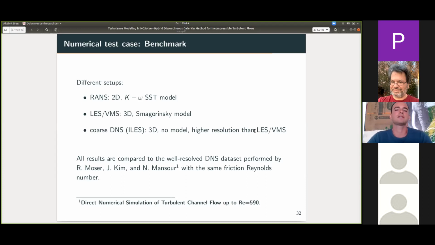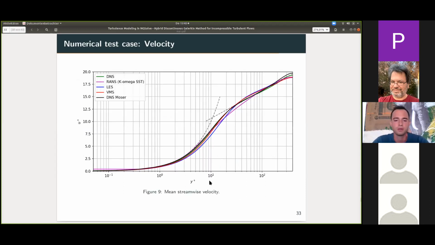All those results have then been compared to the well-resolved DNS dataset performed by Moser, Kim, and Mansour with the same friction Reynolds number. So probably the most interesting quantity is the mean streamwise velocity, so the first order statistical moment. Here the black curve, the DNS Moser, is the benchmark.